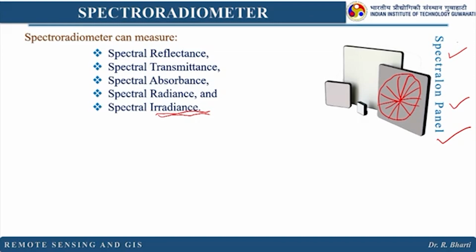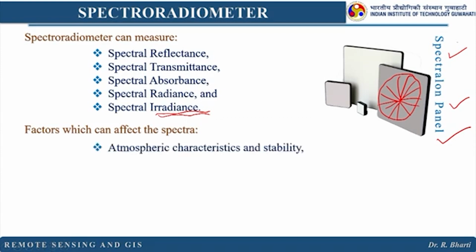Remember? Okay. Now, the factors which can affect these spectra, whatever we measure through our spectroradiometer, doesn't matter which brand you are using, right. What are the factors which play a very critical role? Atmospheric characteristics and stability. This is very important and required throughout the measurement.